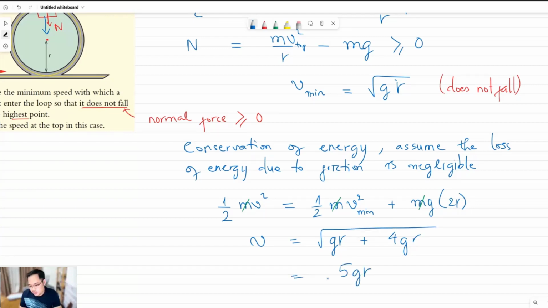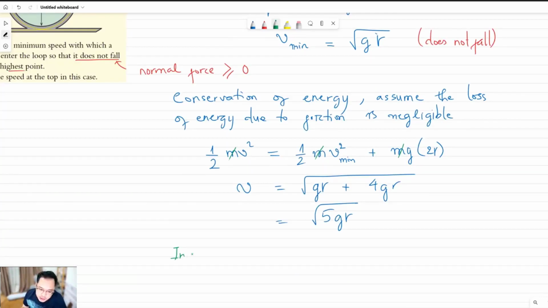Because v min square here is gr. So v initial is the square root of 5gr. In fact, v actual is greater than the square root of 5gr to overcome friction.